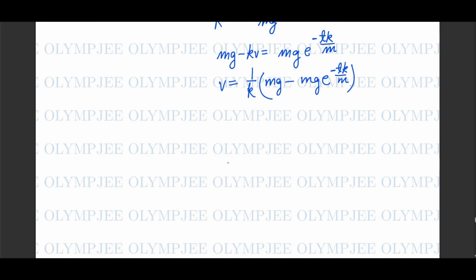So taking out the common terms, we will get v is equal to mg by k multiplied by 1 minus e raised to power minus tk by m.